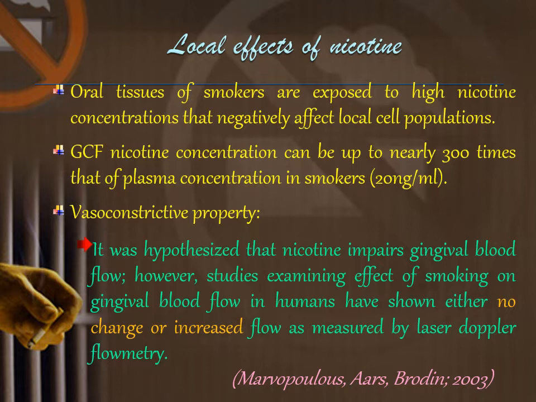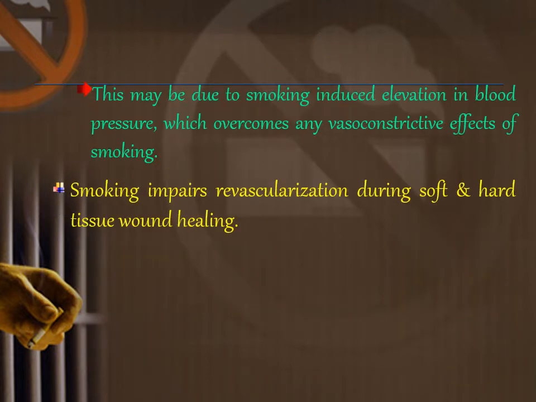However, studies examining the effect of smoking on gingival blood flow in humans have shown either no change or increased flow, as measured by laser Doppler flowmetry. This may be due to smoking-induced elevation in blood pressure, which overcomes any vasoconstriction effect of smoking. Smoking impairs revascularization during soft and hard tissue wound healing.